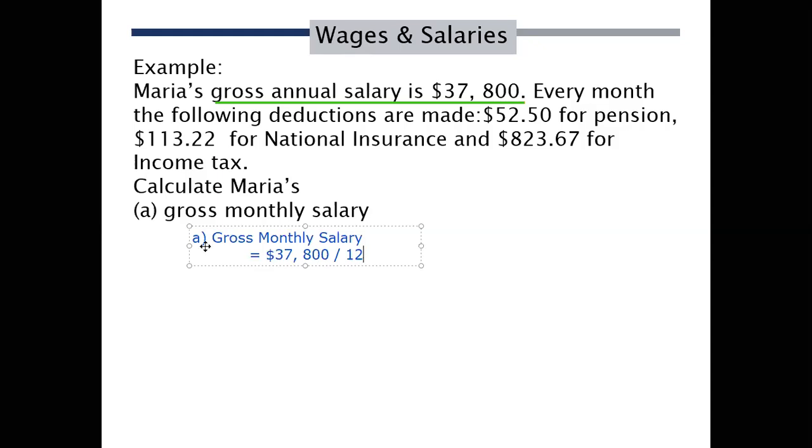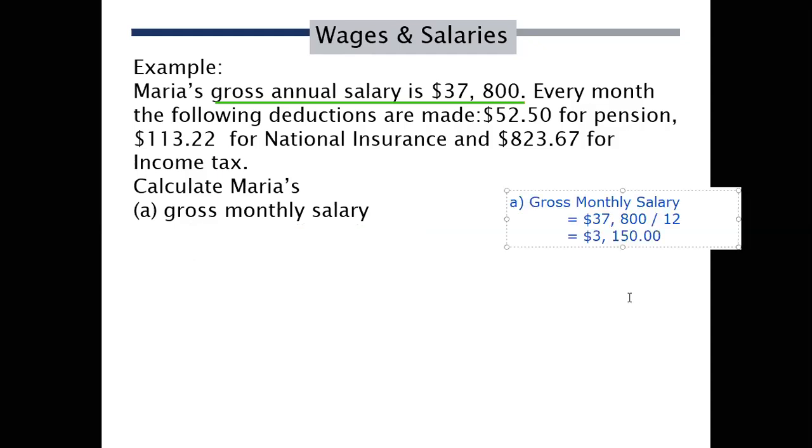And when I work it out, I find that she makes $3,150. And that was simple to find because I know if she made $37,800 for the whole year, I just divided it equally by the amount of months, which was 12, and I got my answer. Alrighty, let's move on now to B.